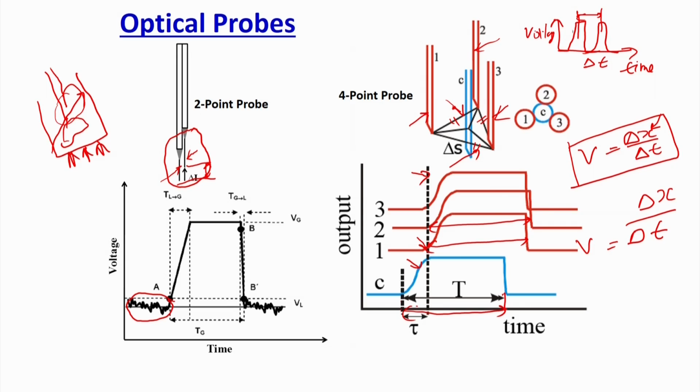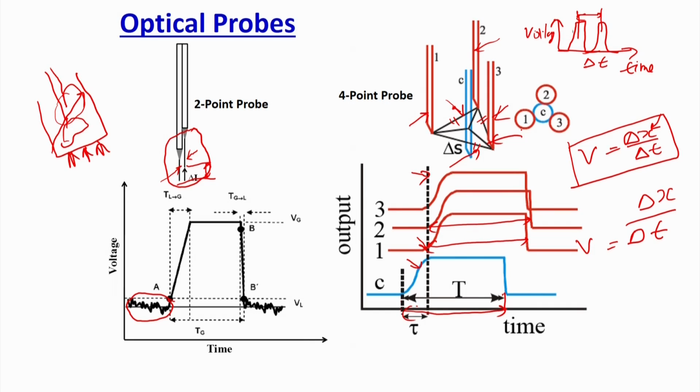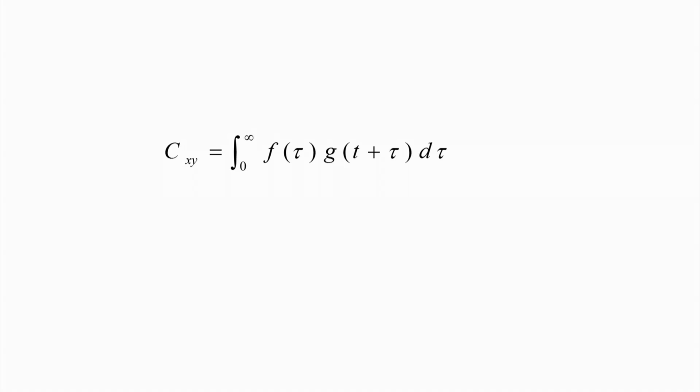Now, the next advantage is that you can also do the bubble size measurement. How can you do the bubble size measurement? You have 4 probes dipped inside like this, and you can see how many probes my bubble is touching.